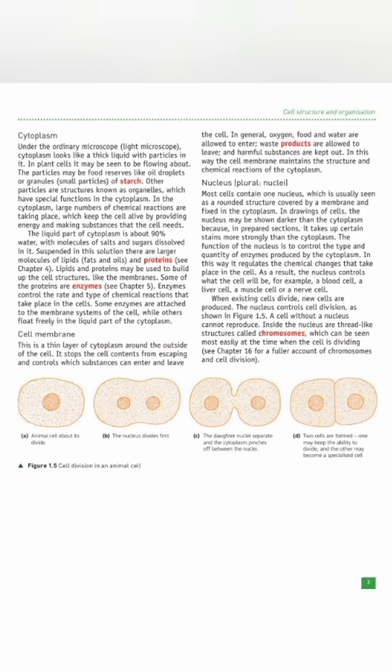Mitochondria are rod-shaped structures found in the cytoplasm. If we talk about the functions, they release energy by respiration. This energy is needed for movement, growth, and repairing. The most important point here is that mitochondria are the site of aerobic respiration. Aerobic respiration is the process that takes place in the presence of oxygen.